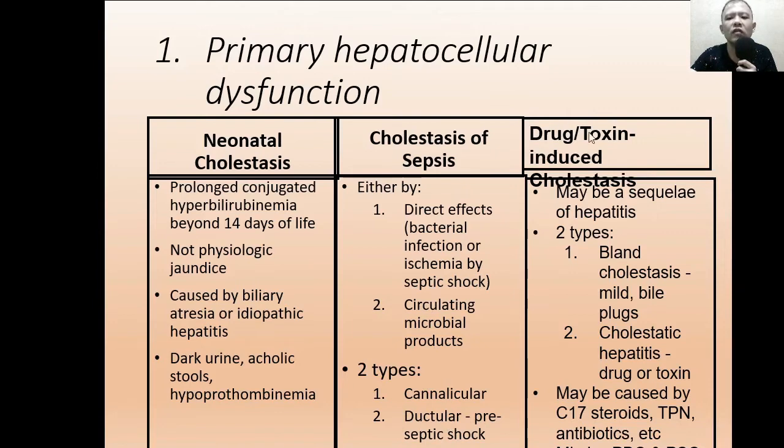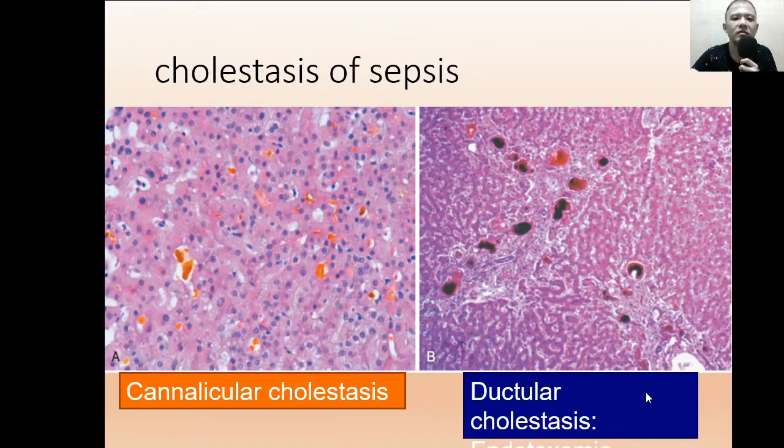Drug toxin-induced cholestasis is a consequence of hepatitis, and you have two kinds: bland and cholestatic hepatitis, without inflammation of the liver and with inflammation of the liver. It is secondary to drugs and toxins. So comparing both, you have retention of bile or bilirubin.